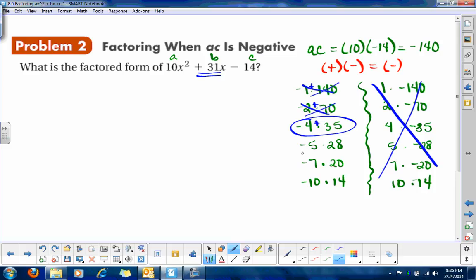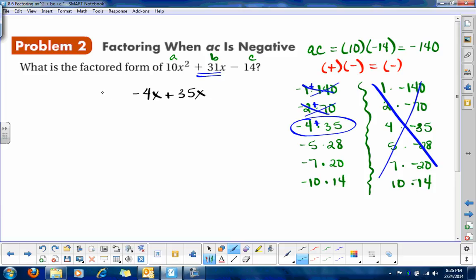So we're going to use negative 4 and 35 to rewrite 31x. So 31x gets rewritten as negative 4x plus 35x. And then we just bring down the a and the c.